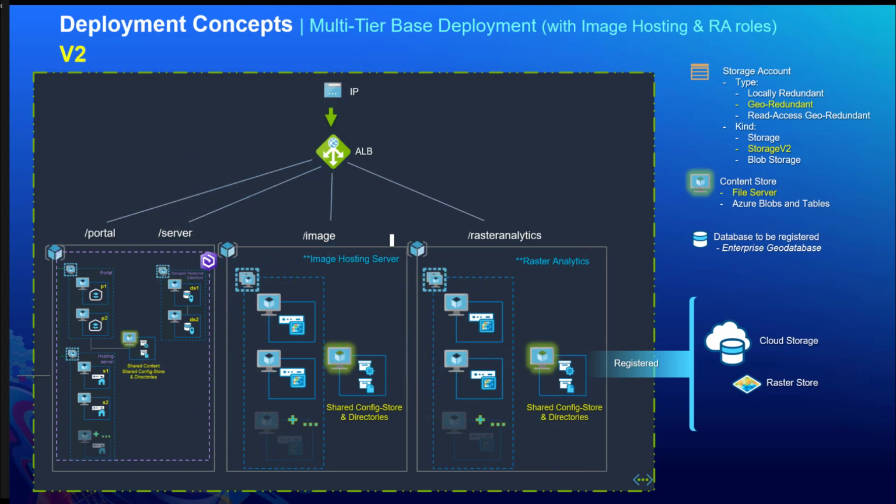In the version 2 architecture, you would access all of those sites through the same endpoint or host name, and you could access the image hosting server or the raster analytics using the site context, in this case represented as /raster analytics or /image.